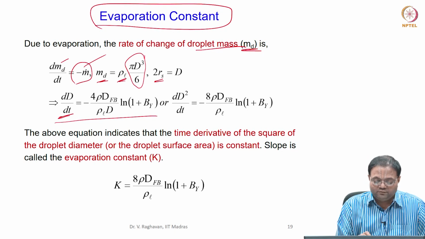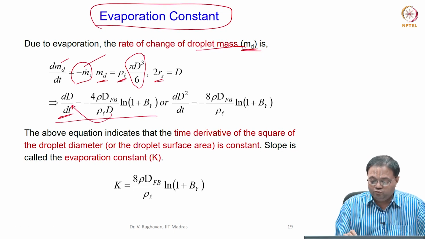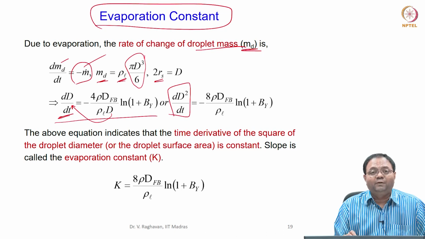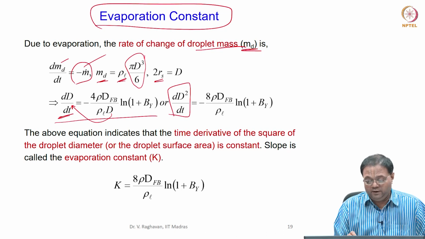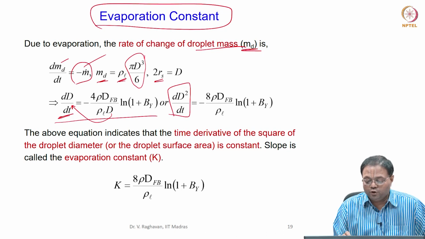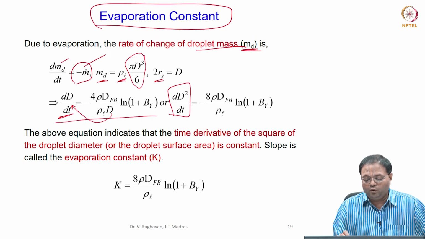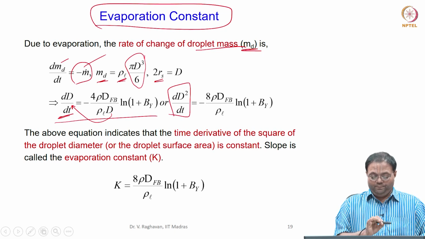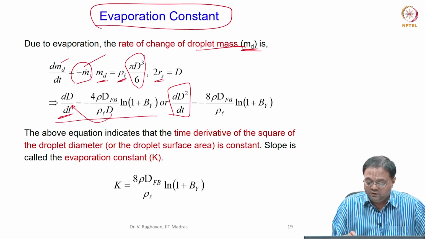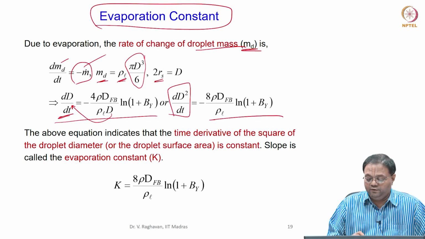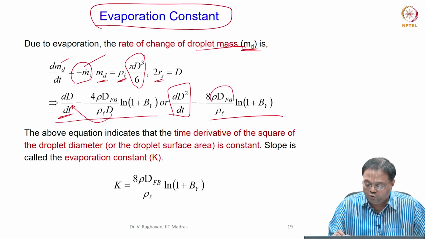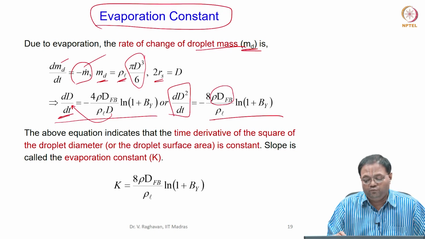Now take this D to this side. So d D squared by dt will be equal to minus 8 rho D_FB by rho_L into natural logarithm of 1 plus B_Y. Now you can see the right hand side. We have already assumed rho into D_FB as constant.